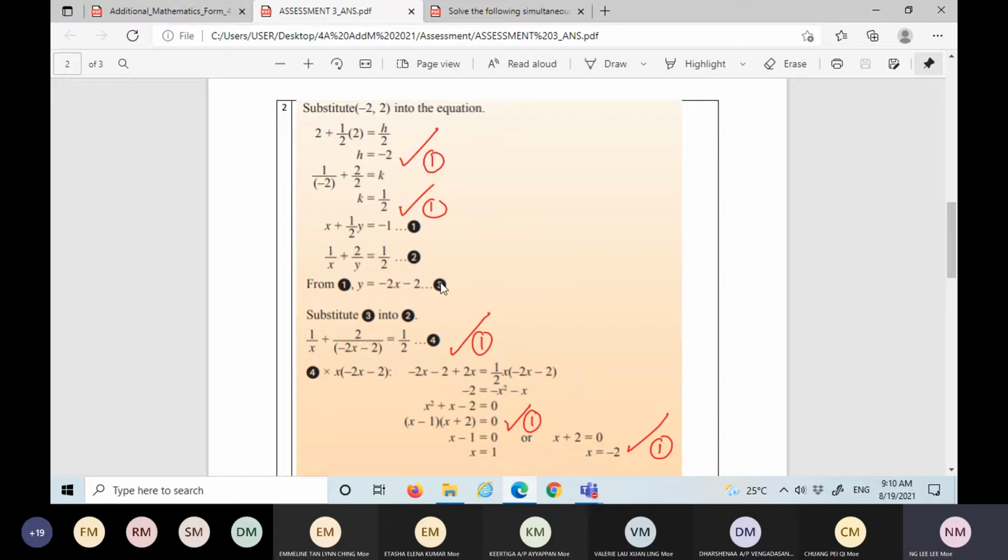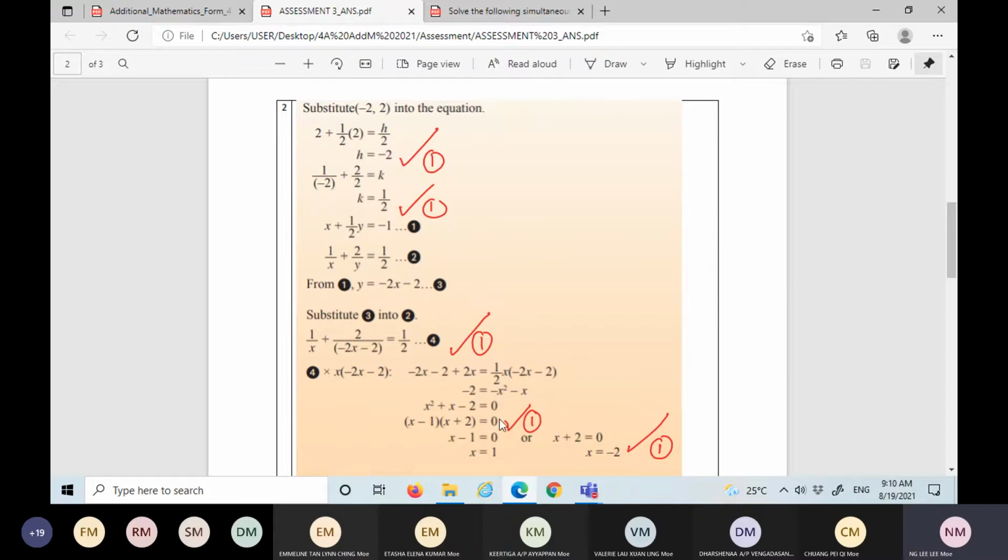Use y as the subject, so you will not have fractions on the right hand side. If you use x as subject, you still have the fraction of y over 2 here. Why they can get it this way is, I think, they times every term by 2 to get rid of the fraction, the 2 here, so they put y as the subject. And then substitute inside the second equation. Okay, same thing.